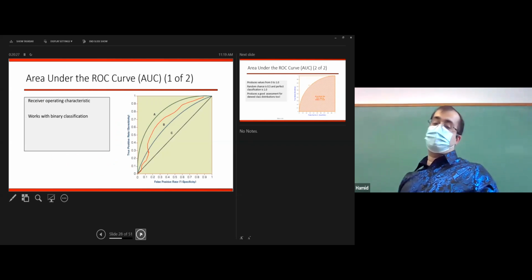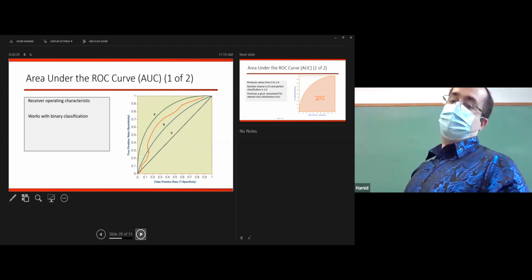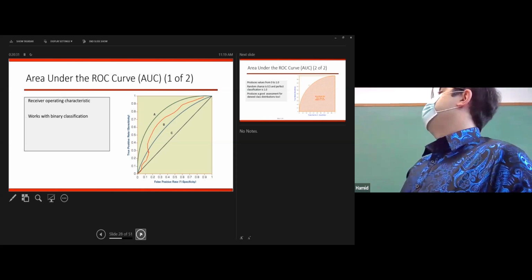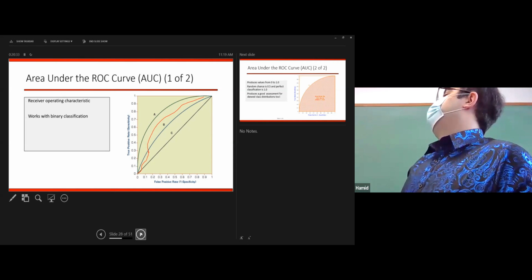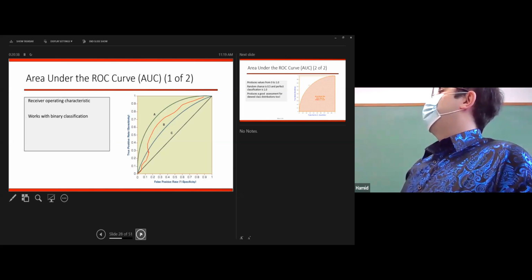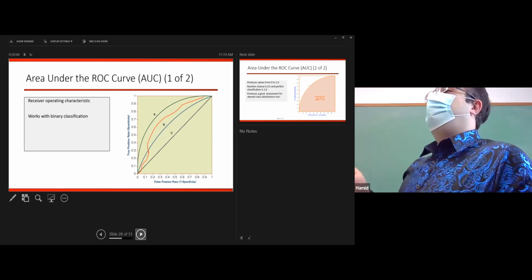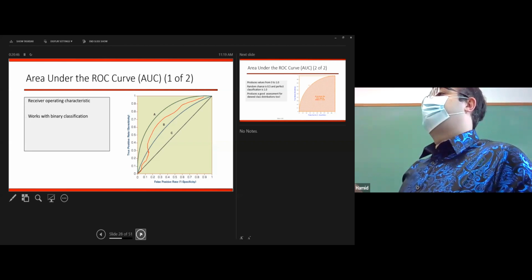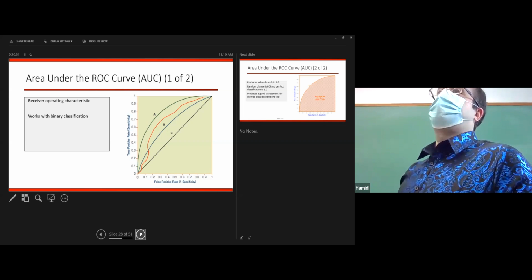There is another performance measure, which people call area under the curve, or in short, AUC. It could look very complex, but the good thing is AUC takes care of both positive rate and negative rate. So if you have a very high AUC, it just means you have a high true positive rate and true negative rate.